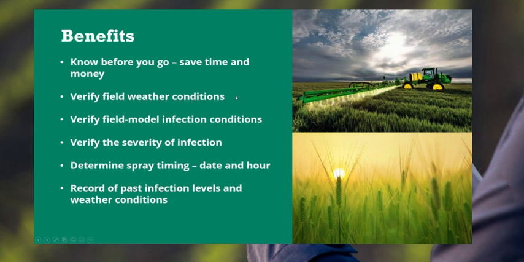You verify field weather conditions because you have devices in that field. You have a verified model of infection and risk. You know the verified severity of the infection. You can determine your spray based on the date and hour from the model, as well as a spray cast model we have in addition to that. And you have a past record of infection levels and weather conditions that you can go back and look at.